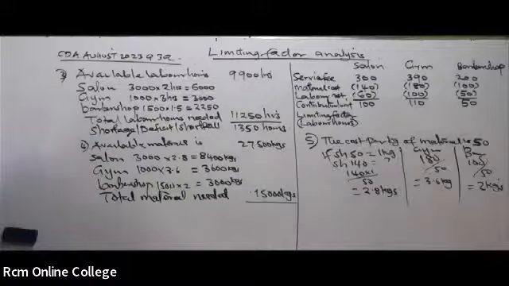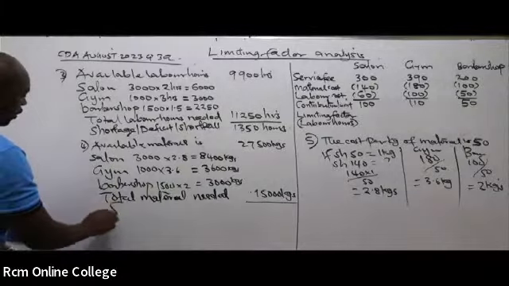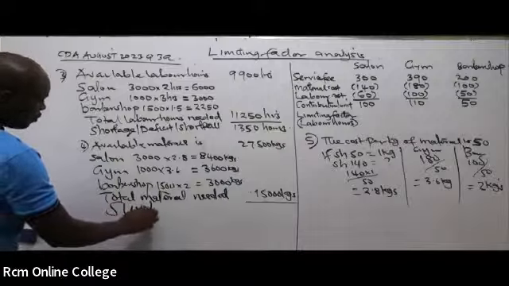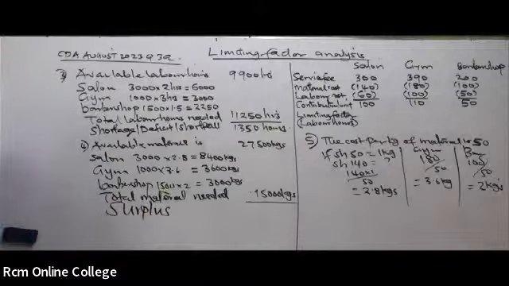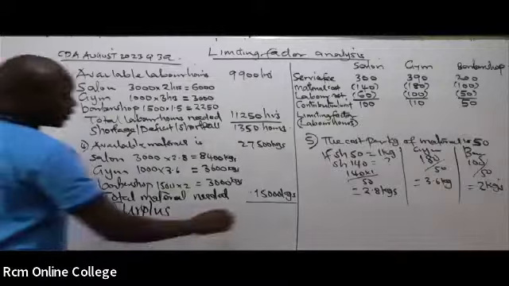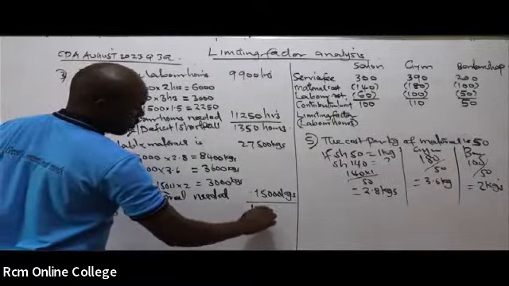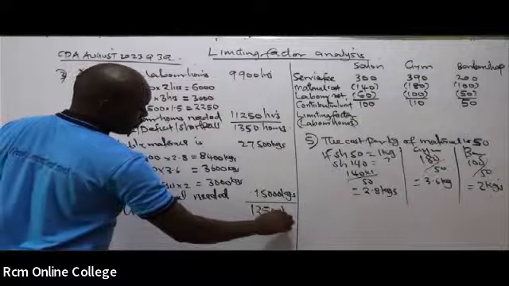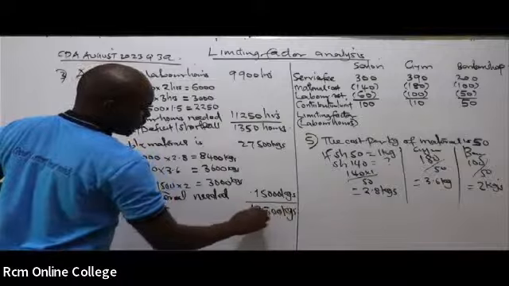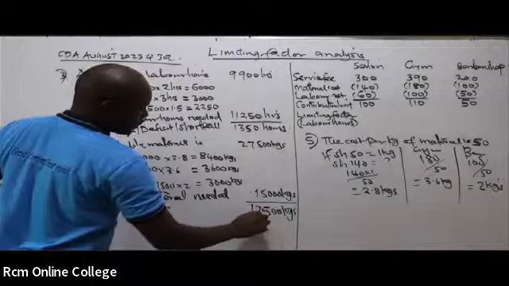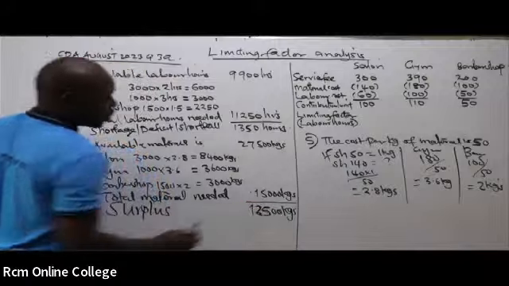There's a surplus, right? So we have a surplus of how many kgs? 12,500 kgs, right?